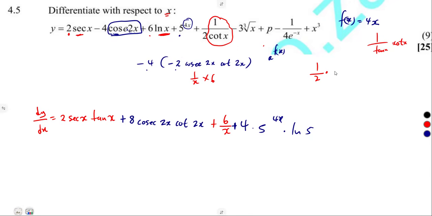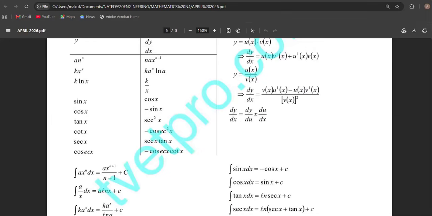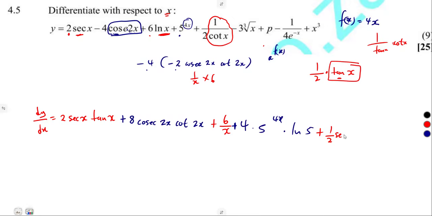So here it means 1 over 2 times the tan of x. Then we can differentiate the tan of x. So it's going to be plus 1 over 2. The derivative of a tan is what? That's a sec squared, all right? So that's sec squared of x, all right?